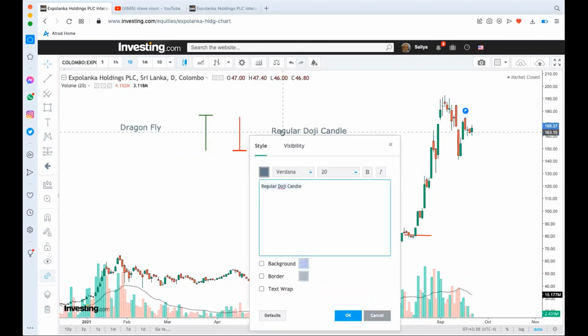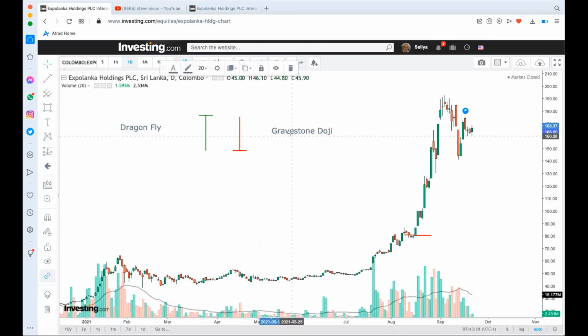That is called the gravestone doji. Now these gravestone dojis or dragonflies.